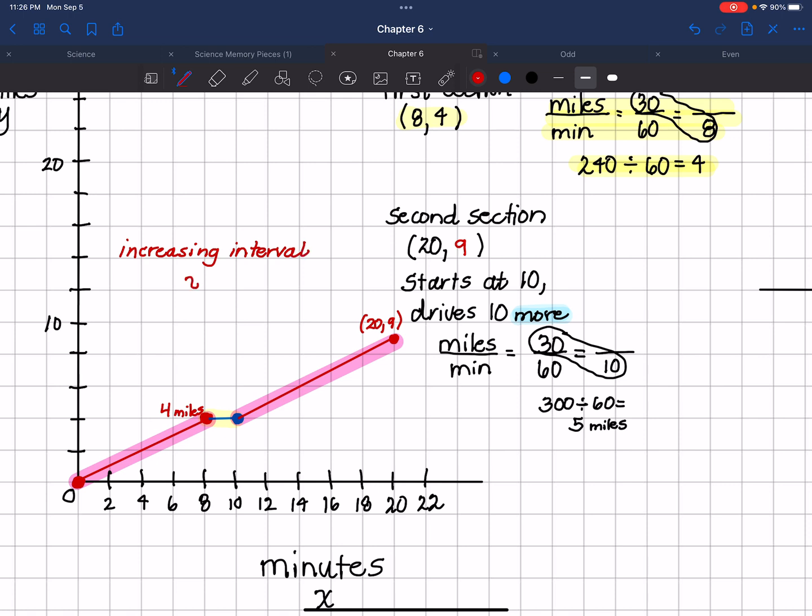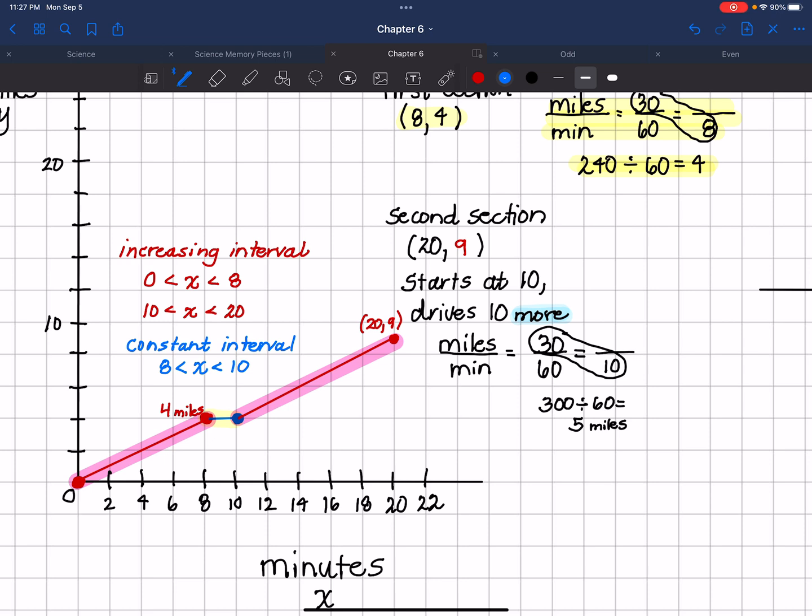When x is between 0 minutes and 8 minutes, there's an increasing interval. And when x is between 10 and 20 minutes, there's an increasing interval. But we cannot count. Let me say it this way. This is a constant interval when x is between 8 and 10.